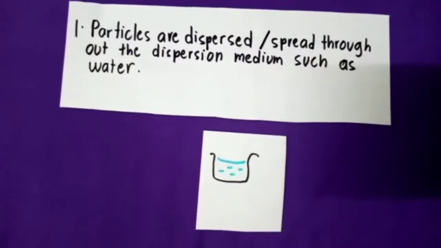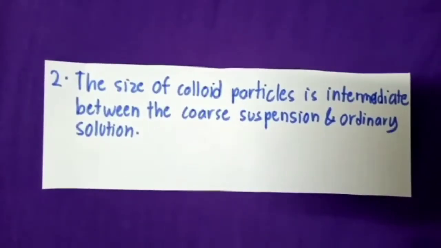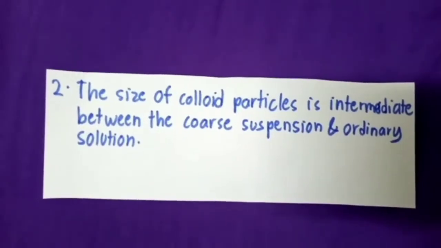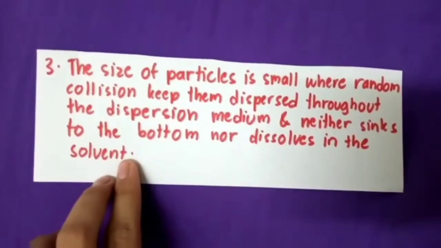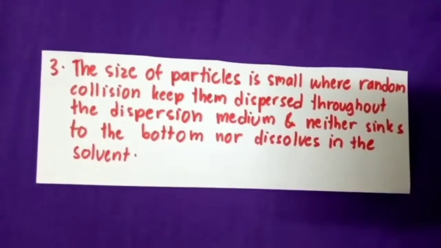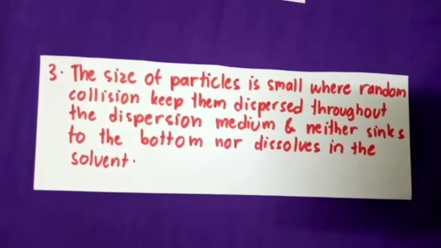The second one is that the size of colloid particles is intermediate between a coarse suspension and an ordinary solution. And the last is that the size of the particles is small, where random collisions keep them dispersed throughout the dispersion medium, and they neither sink to the bottom nor dissolve in the solvent.